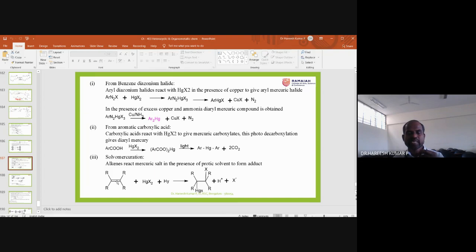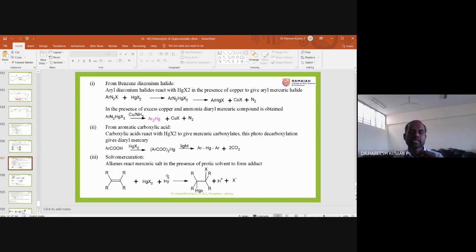So alkene, when it is treated with mercuric halide in the presence of a solvent, what is happening? Hg will add to one carbon. The bond pair present in the alkene attacks Hg, so there will be a new bond formation like C–HgX. Once the bond pair is used in bond formation, this carbon attains a positive charge.